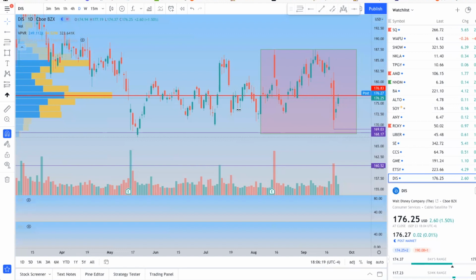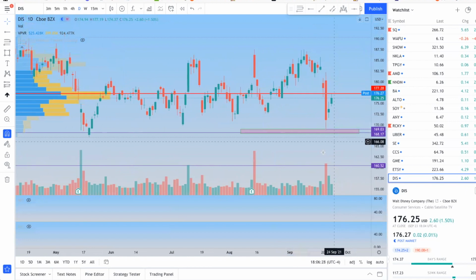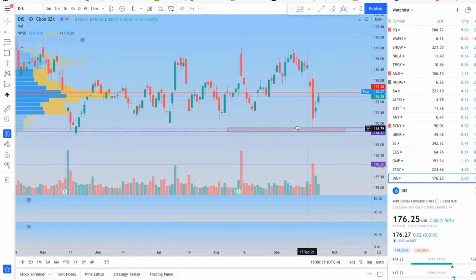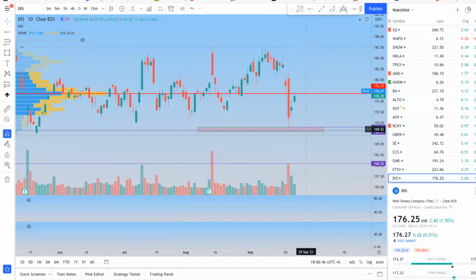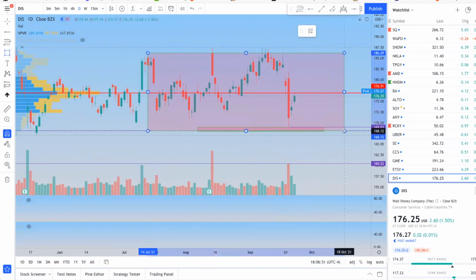There are lots of people who actually use ranges of support and resistance, and that's what this indicator was showing. It shows more of a range rather than a line. So right away here, you know, strong support. I was here like that, right?